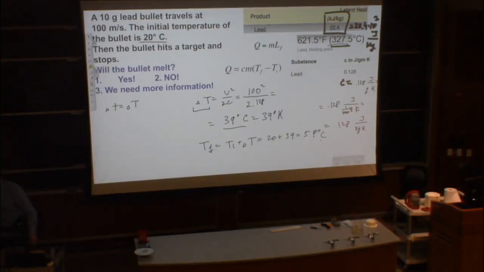So if we start from 20 degrees, I assumed, and then I checked it, that the final temperature still will be lower, which means that there cannot be phase transition, which means that there can only be temperature change.